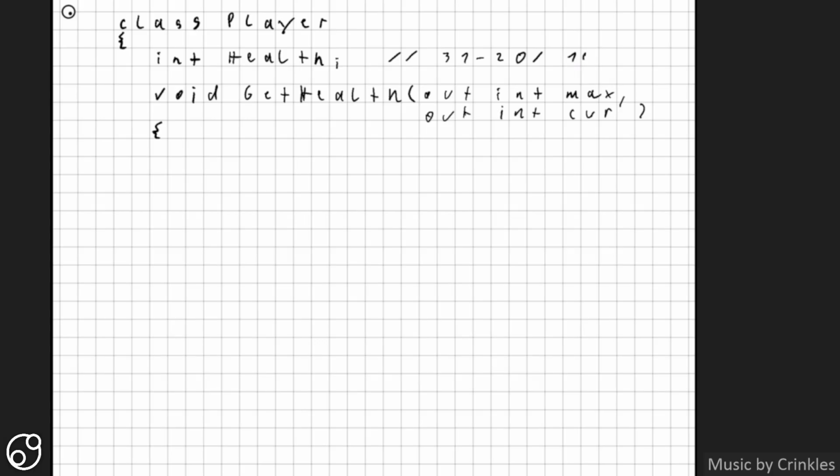Then 19 to 10, and 9 to 0. This is current. This is max. And this is not used at all. Let's put it like that. So 32 bits in total. The first 10 are the current health. The next 10 above that are the maximum health.